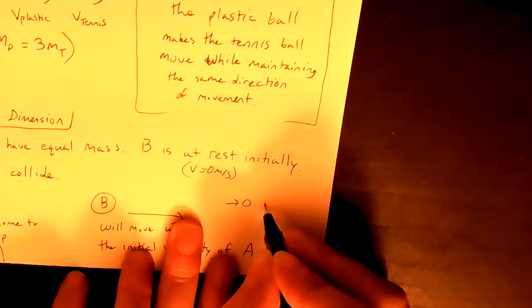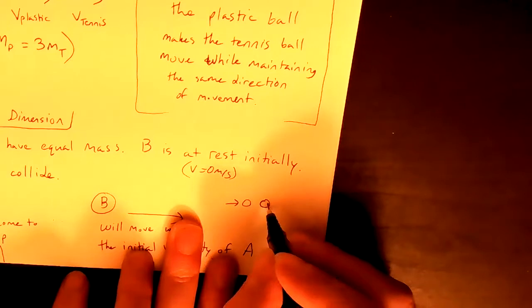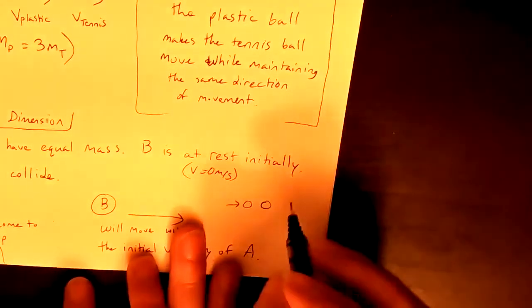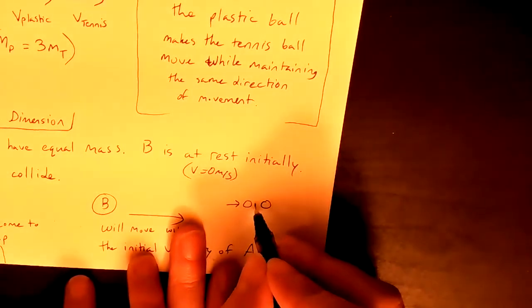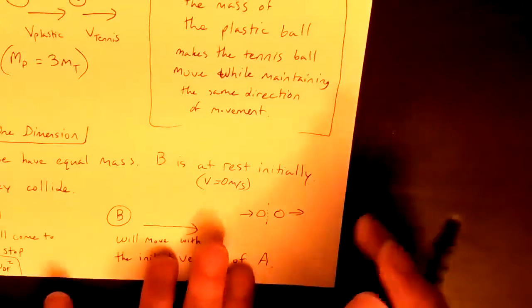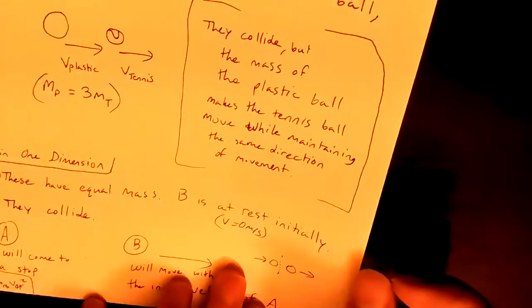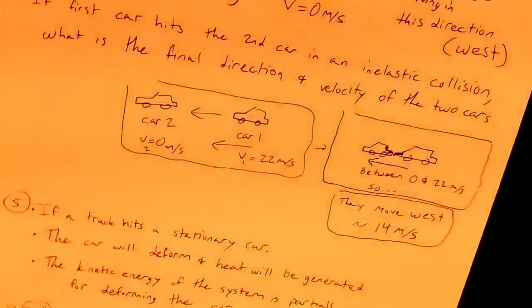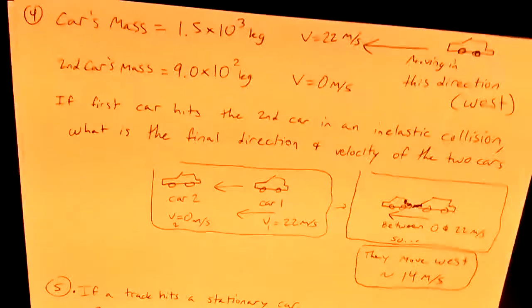The cue ball hits the ball, and then in this situation, the cue ball will completely stop, and then this ball will move. And that happens in elastic situations. But sometimes that's not always the case.